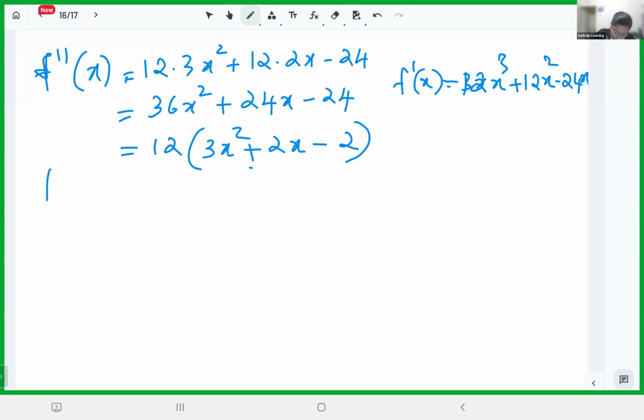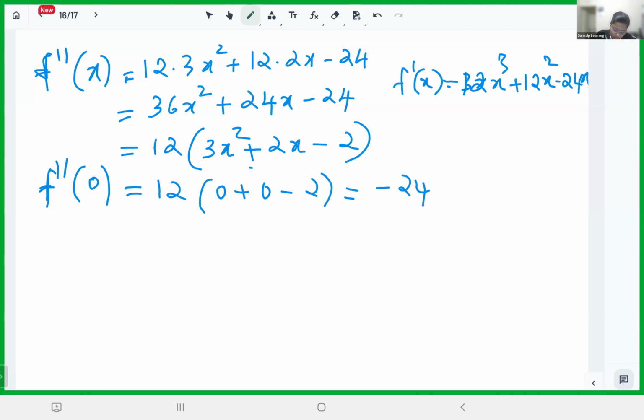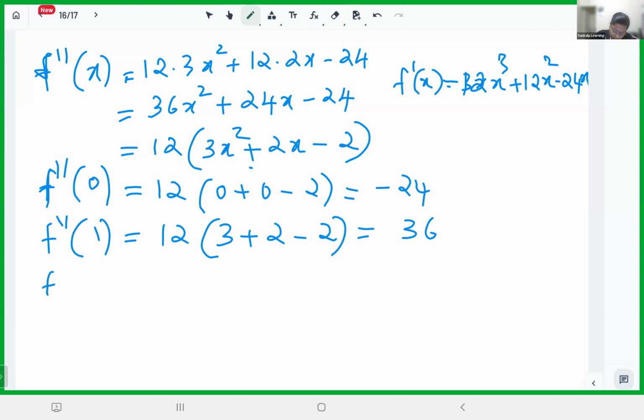Now what you have to do is evaluate the values of f double dash of x at the critical points. First critical point is 0. So 12 into 0 plus 0 minus 2, that is equal to minus 24. The second critical point was 1, right? f double dash of 1 is equal to 12 into 3 plus 2 minus 2, which is 36.